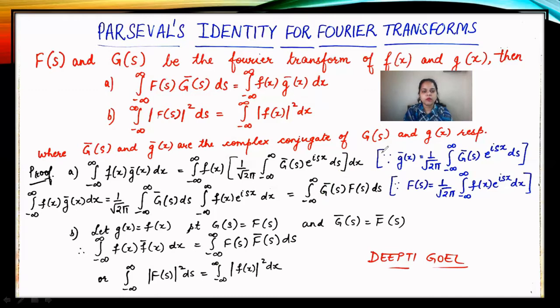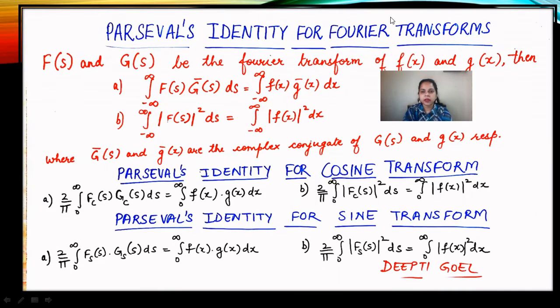So I hope that you have understood Parseval's identity. It is further applied on the cosine transform and the sine transform. So the equation is 2 by pi integral 0 to infinity of the Fourier cosine transform of the function f(x) into the Fourier cosine transform of the function g(x) ds, which is equal to the integral 0 to infinity of the multiplication of the functions themselves, that is f(x) into g(x) dx.